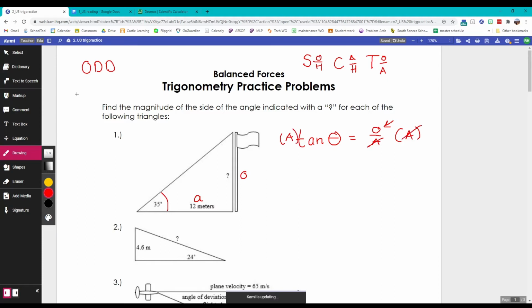Now I can plug in my numbers: 12 meters times the tangent of 35 degrees. I need my unit for degrees in there as well as my unit for distance. It's going to be the height of the opposite, the height of the flagpole. And I can plug that in a calculator.